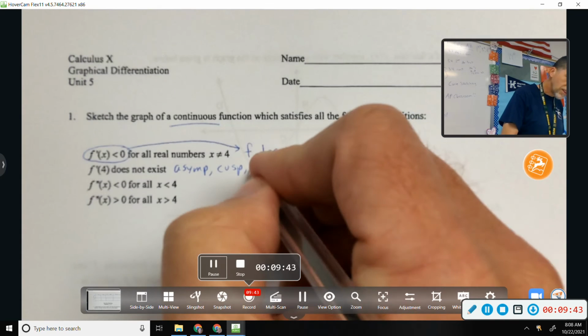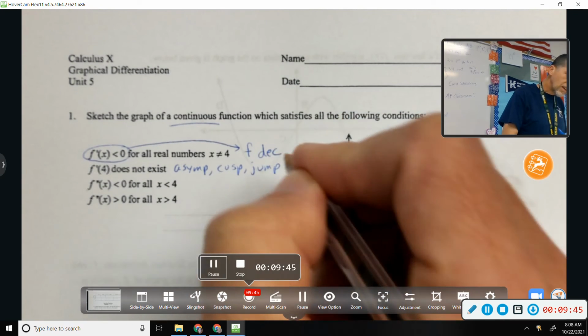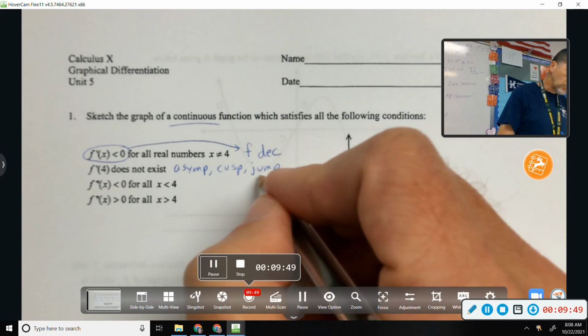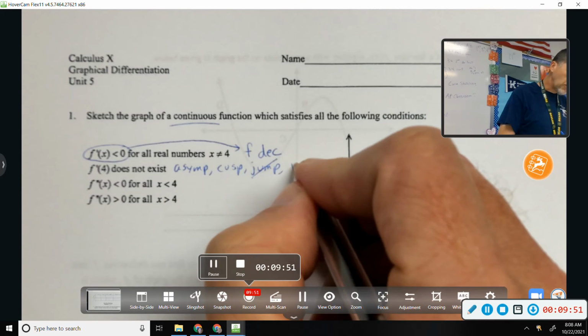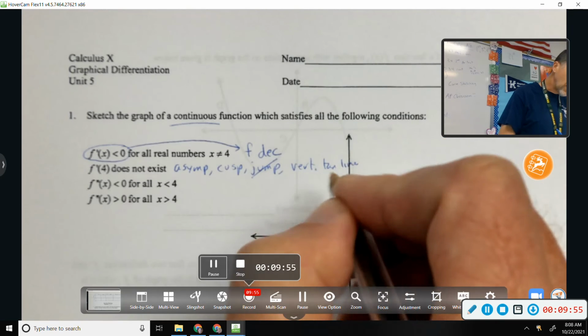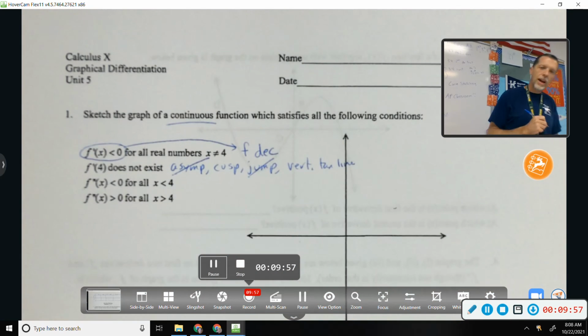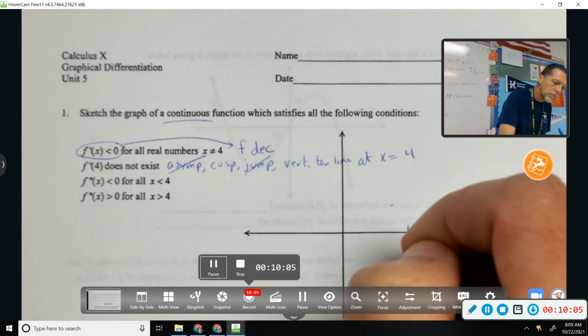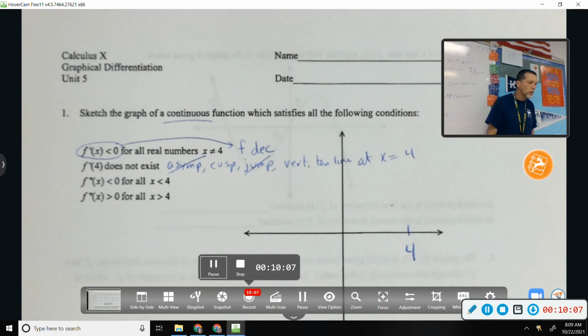A jump. But it's continuous, so no jump. I would say one more thing, and that's a vertical tangent line. It's also continuous, so we can throw out asymptote. So we either have a cusp or a vertical tangent line at 4. So I'm going to put 4 on there because something weird is going on at 4.